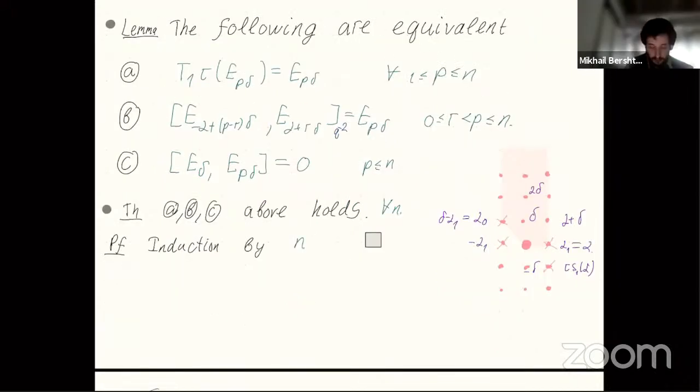So, for example, now we can state a corollary. That all E deltas which I defined, so E_p delta, E_n delta, or any commutators... no, maybe it's not so easy.